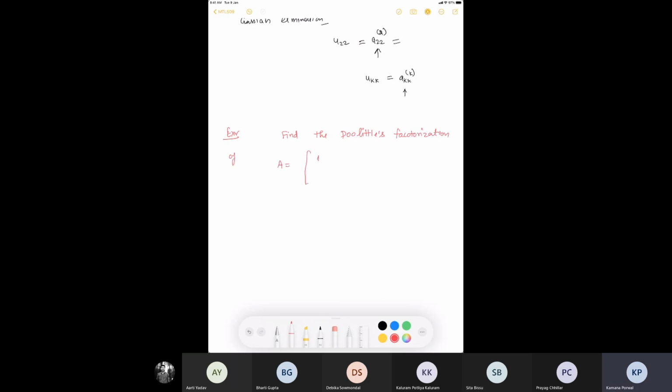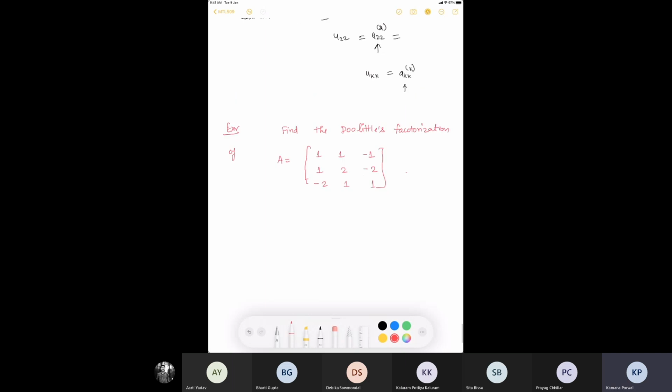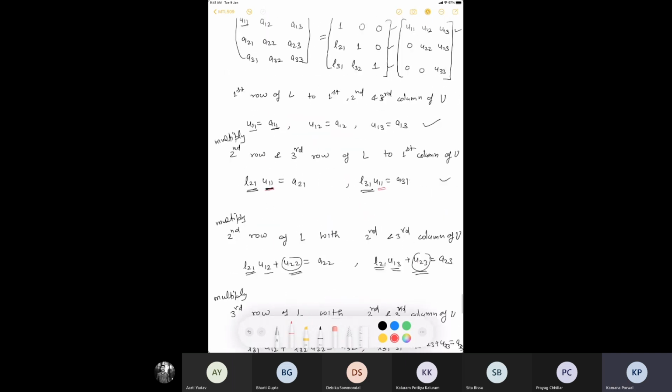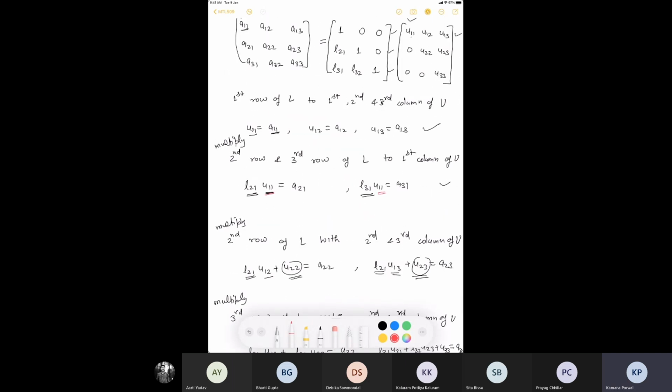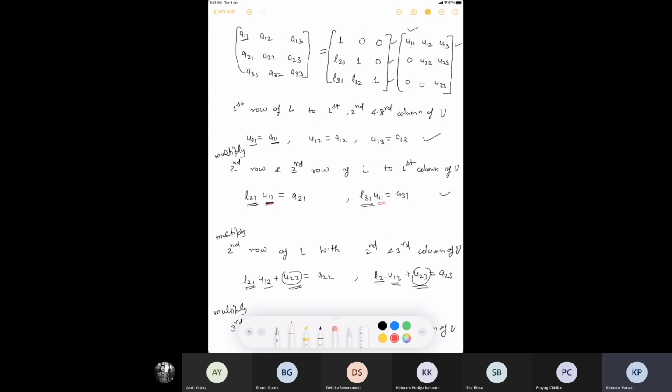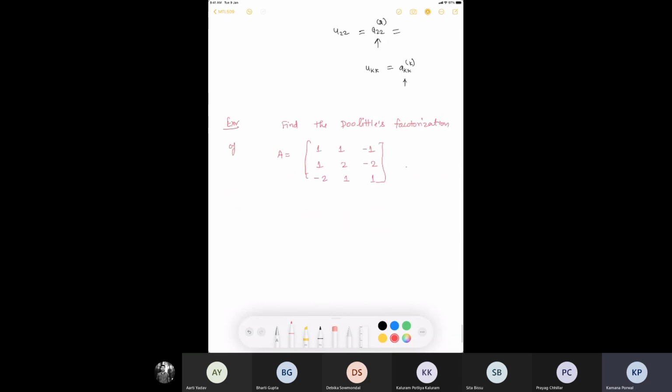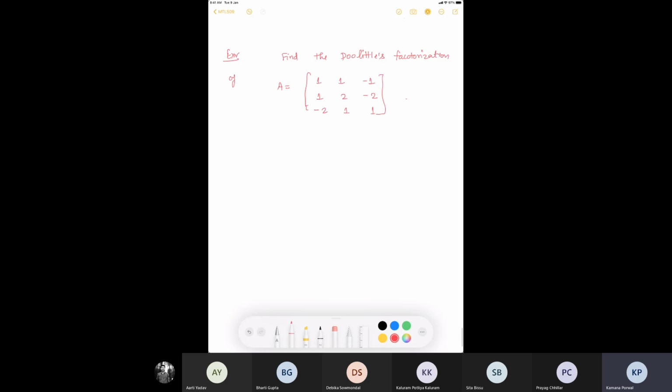A is: first row 1, 1, minus 1; second row 1, 2, minus 2; and the last row minus 2, 1, 1. You have to apply the same steps which I have, multiplying properly so that you can obtain all the unknowns in the lower triangular matrix and the upper triangular matrix.